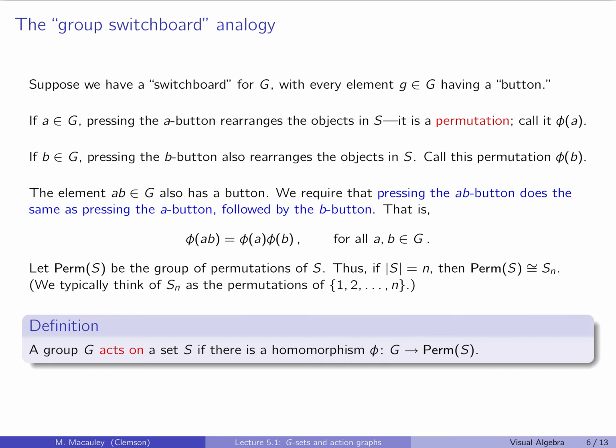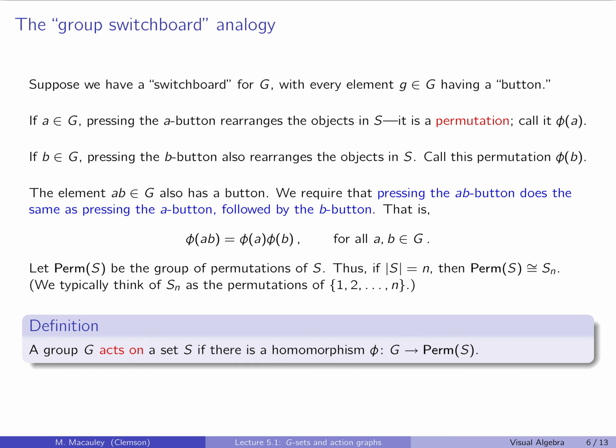Here's a formal definition. A group G acts on a set S if there is a homomorphism from G to the group of permutations on S. When I say G acts on S, we can use the noun form and say that this map phi is a group action. Now let me explain what this map is.